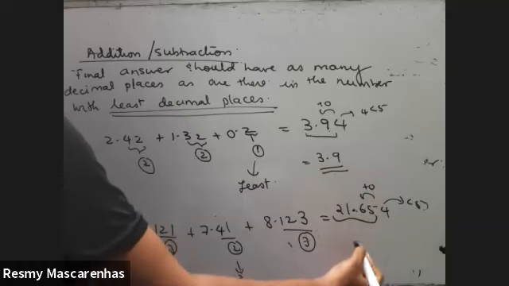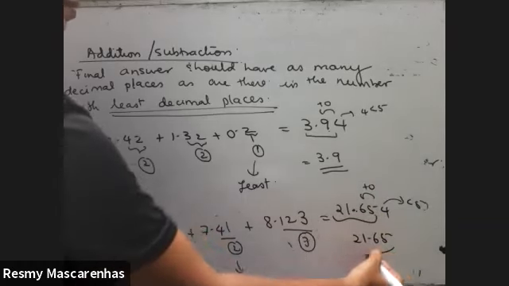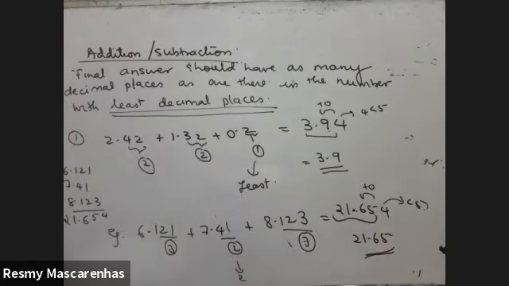So plus 5. This is how it works. Even for subtraction, it will remain the same. First subtract and then see how many. If there was minus, also same logic. The least decimal places you have to pick in the answer.